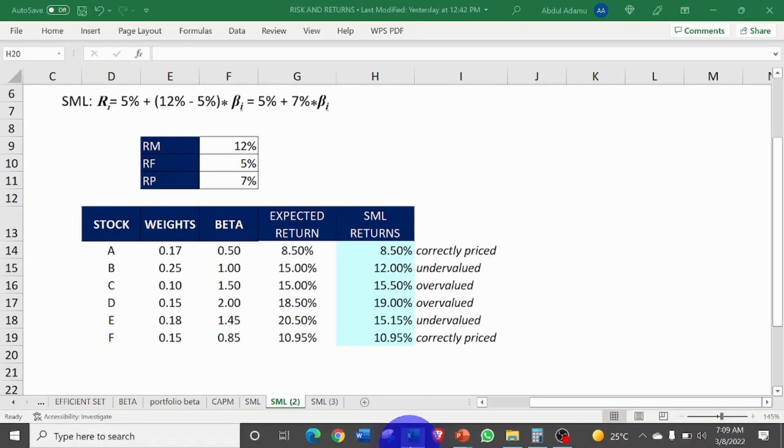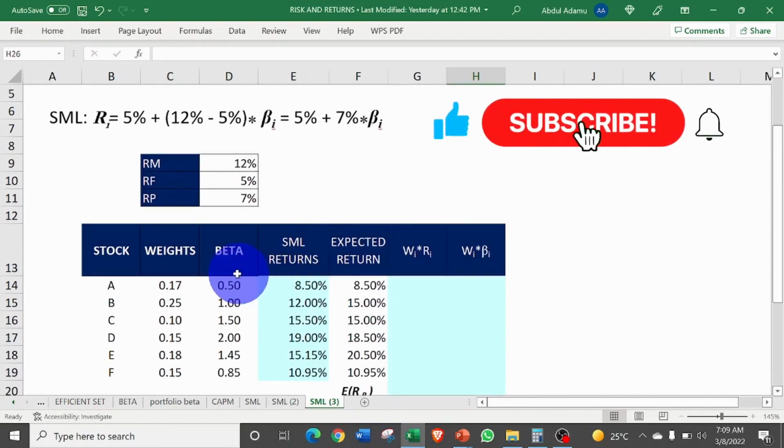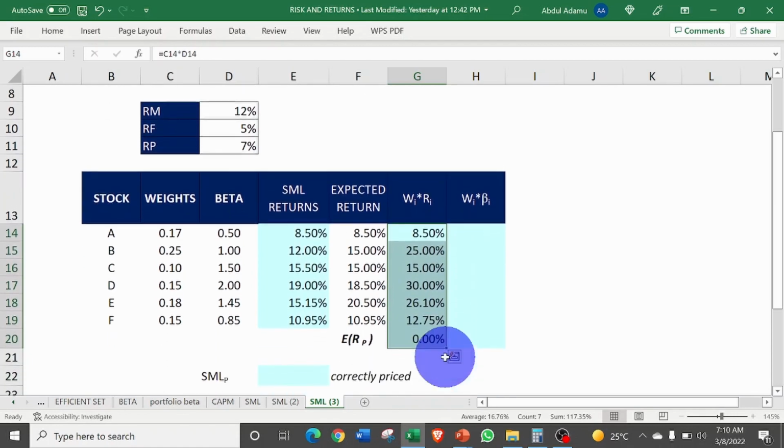So here we are on our Excel. If you look, we have our beta, then we have our weight here. So when we multiply the beta times the weight and we add it together, we'll get the return of the portfolio. So this is equals to weight times the beta, enter, run it down, that is the value, then we add it, alt equal to add it.